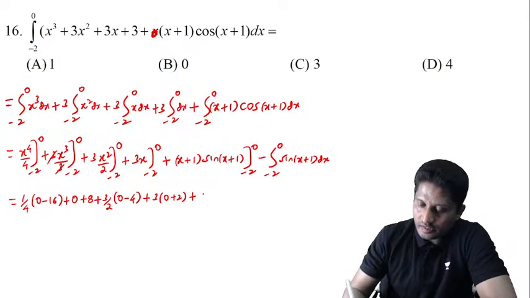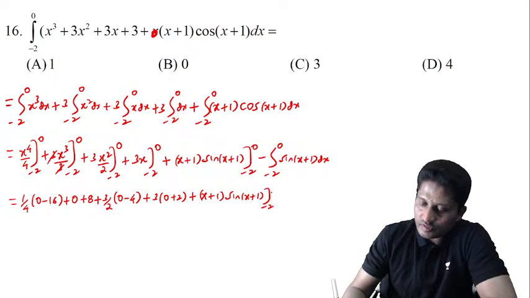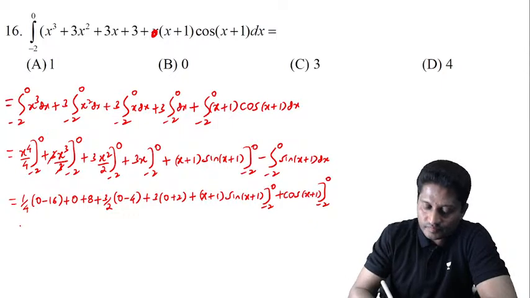Then x plus 1 into sine of x plus 1 between the limits minus 2 to 0. Integration of sine is minus cos, so this is plus cos of x plus 1 between the limits minus 2 to 0. Minus 4 plus 8, minus 6 times 2 cancel, so plus 6.